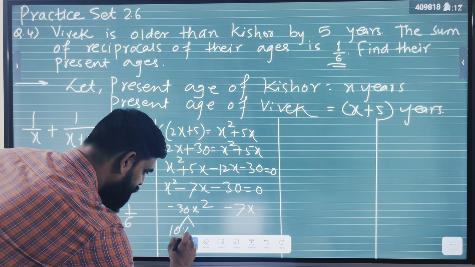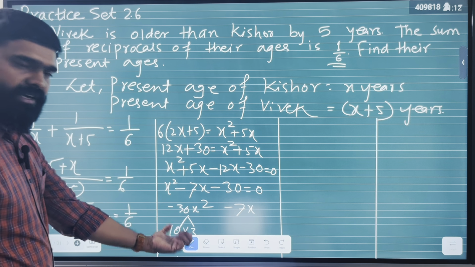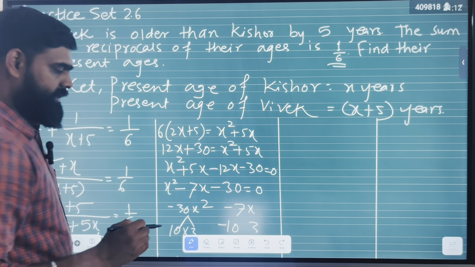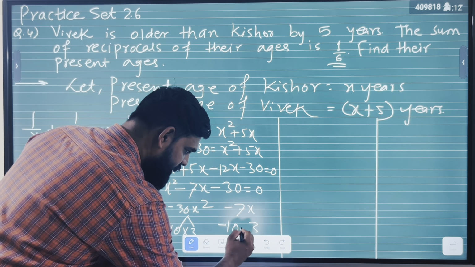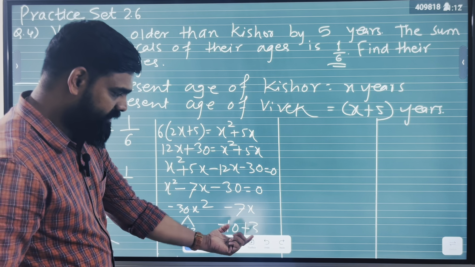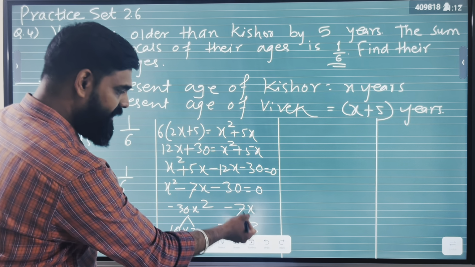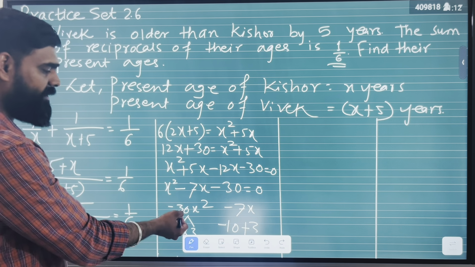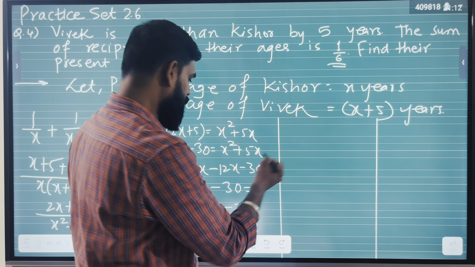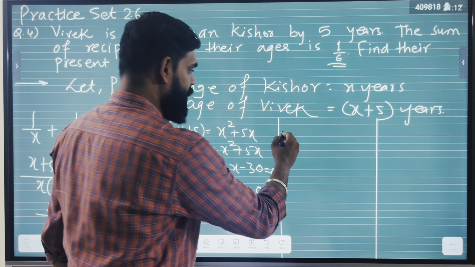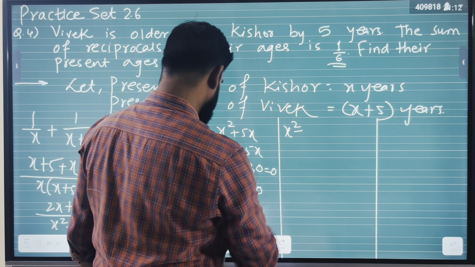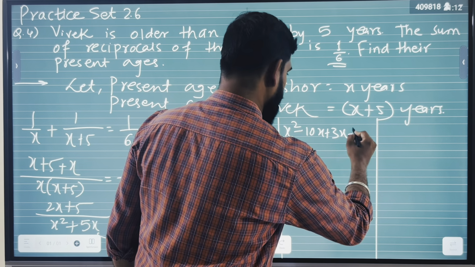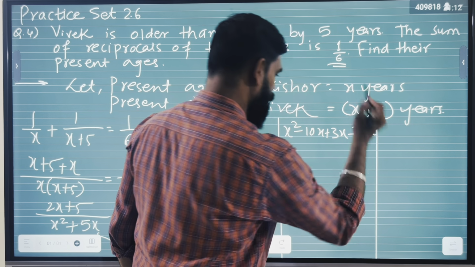So 10 into 3 we will get 30, and if we add minus 10 and 3, minus 10 plus 3 will become minus 7, and minus 10 into 3 will become minus 30. So let us put this value into the equation. So x square minus 10x plus 3x minus 30 is equal to 0.